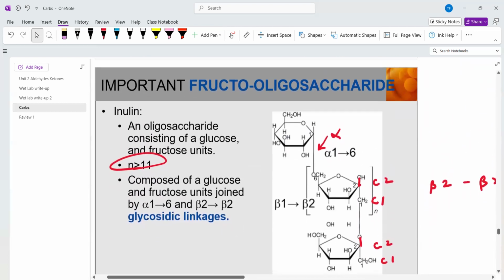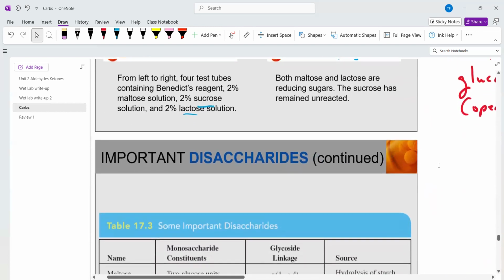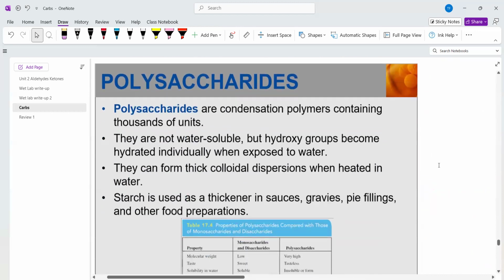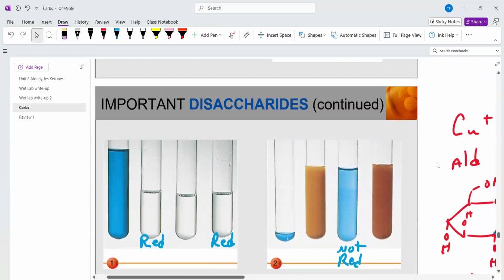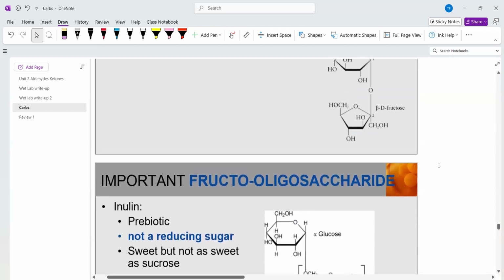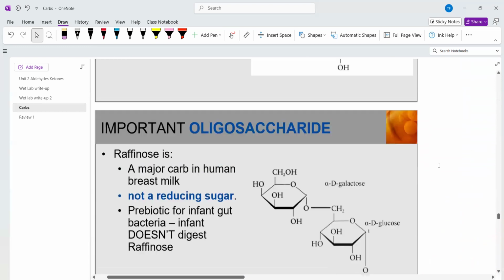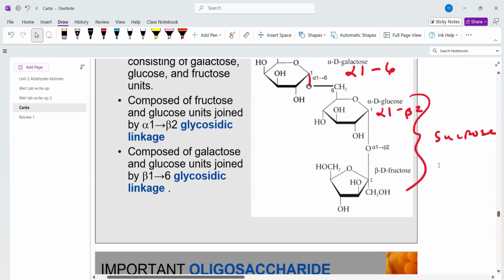These are very common oligosaccharides. And then we're going to get into polysaccharides. So I want to do that on Monday. I'm going to back up here. So we're going to stop here for today.